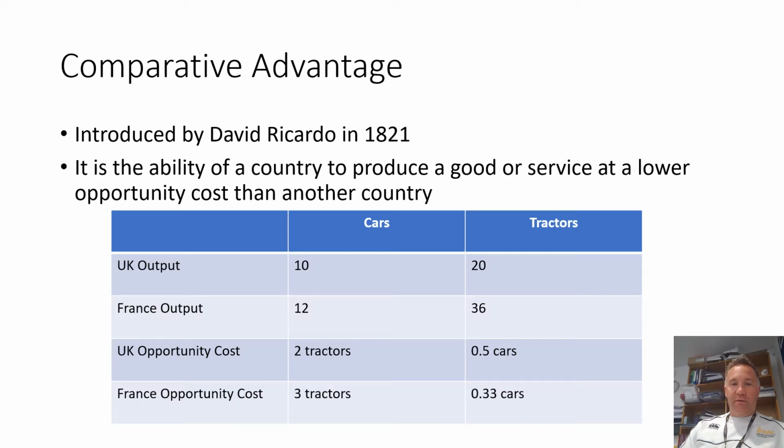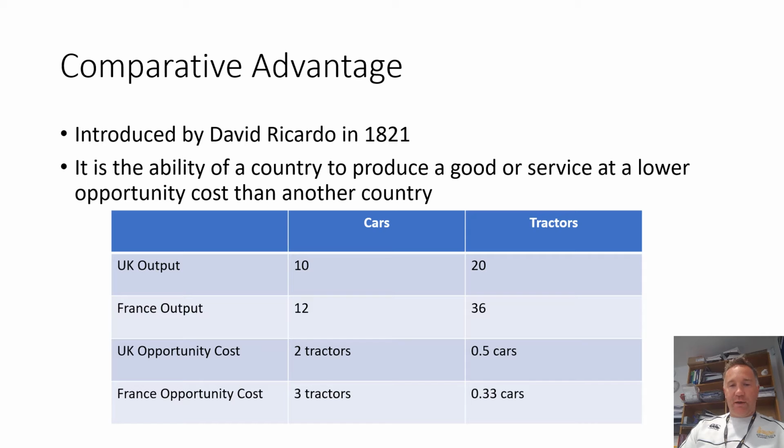So if we then revert back to our original example of the UK output of 10 cars or 20 tractors and the France output of 12 or 36, we can calculate opportunity cost by dividing across the table. So if we decide to make one car in the UK, how many tractors are we giving up? Well, 10 cars was worth 20 tractors, so one must be worth 2 tractors. So that means the opportunity cost is 2 tractors when we're looking at cars.